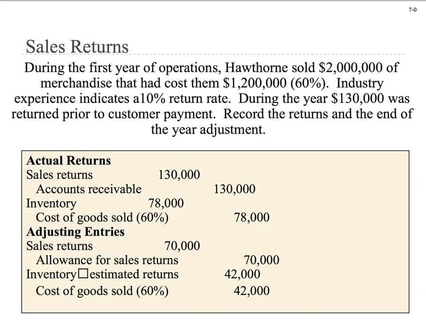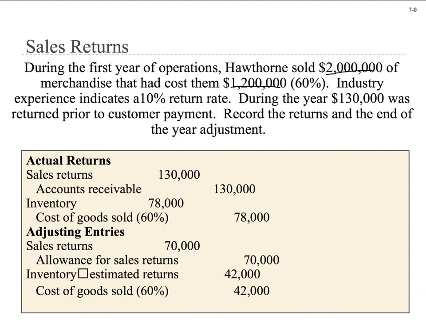So when we're looking at how to come up with the entry for a sales return, let's look at it in this problem. So during the first year of operations, Hawthorne sold $2 million of merchandise that had a cost of $1.2 million. So this is your sales, the $2 million, and this is your cost of sales, the $1.2 million.